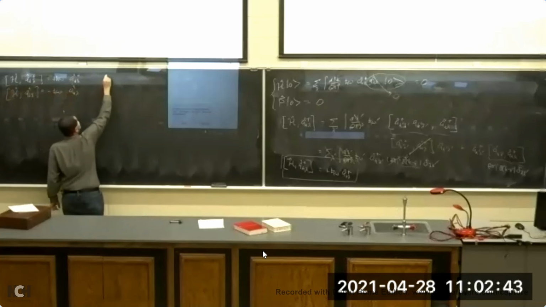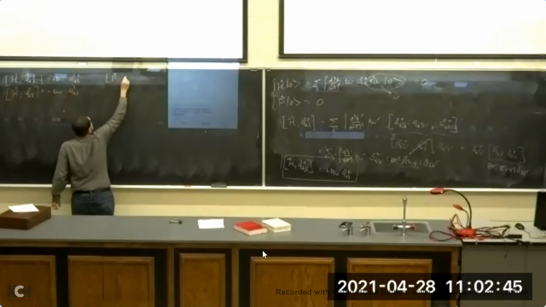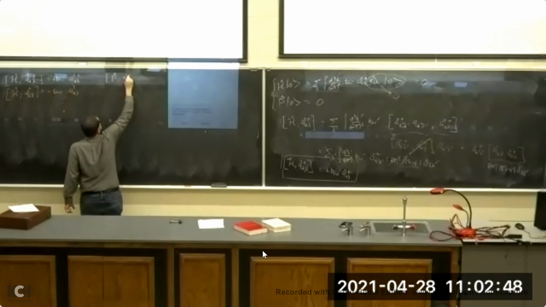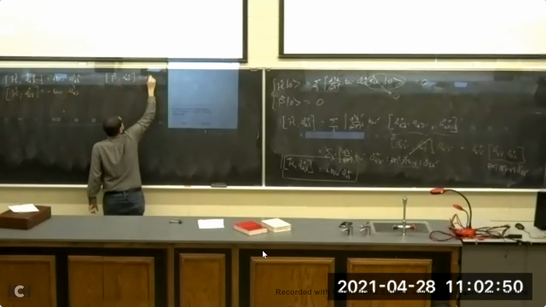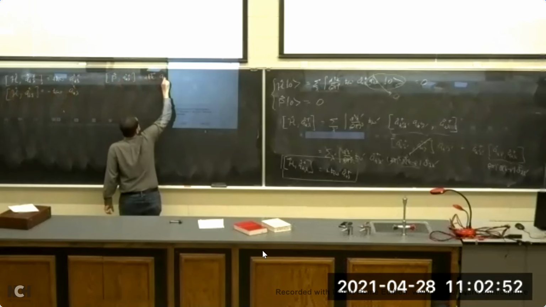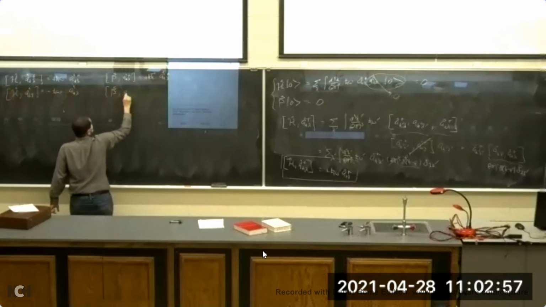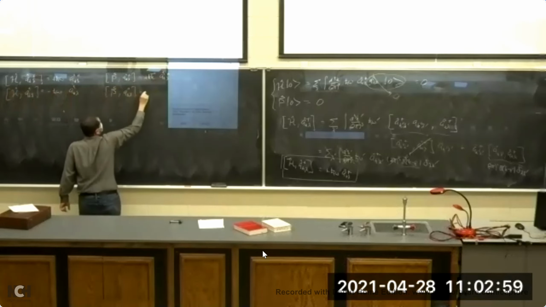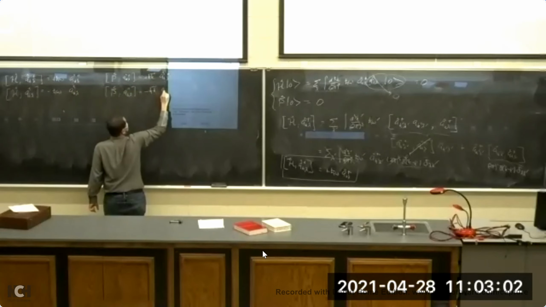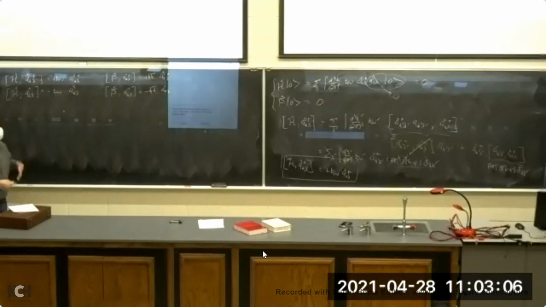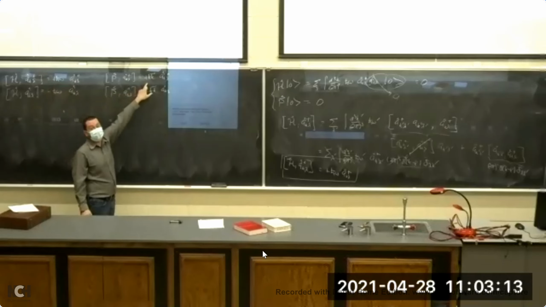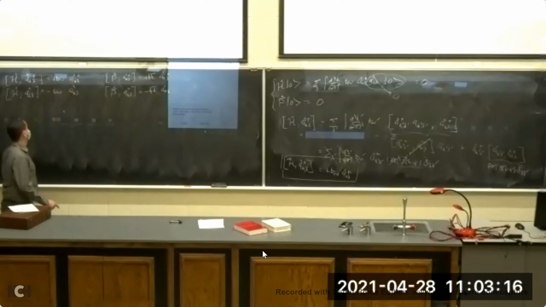Same thing for the momentum operator. P with A k lambda dagger is plus h bar k A k lambda dagger. P with A k lambda is minus h bar k A k lambda itself. So this is telling me that A and A dagger act like creation and annihilation operators like they're supposed to. They add energy h bar omega and momentum h bar k, or they subtract it, depending on the case.